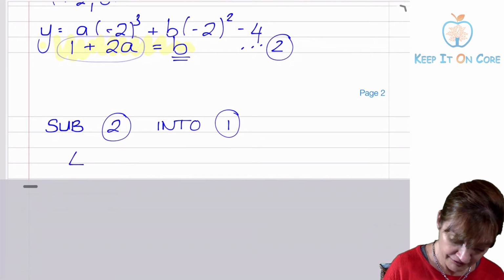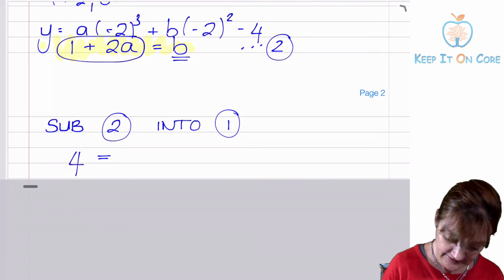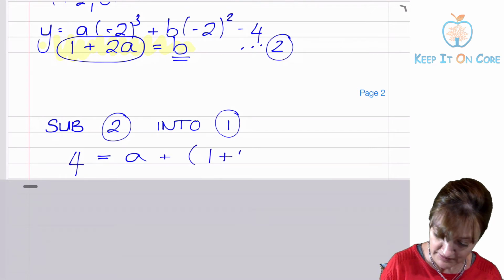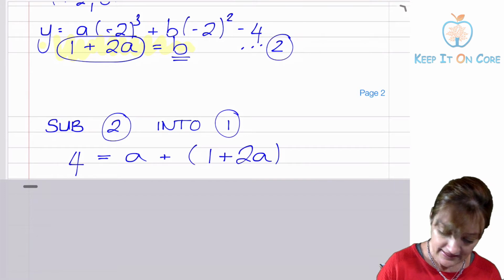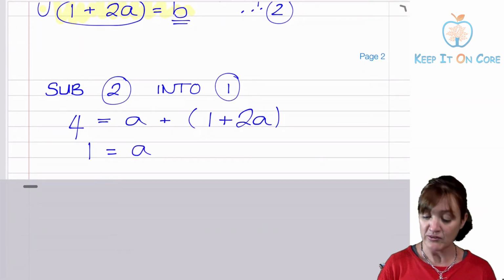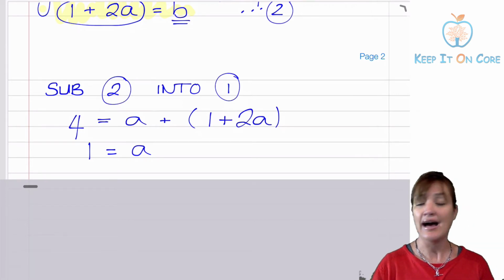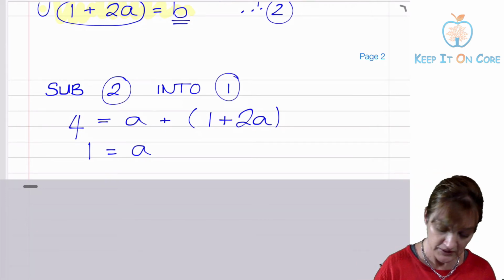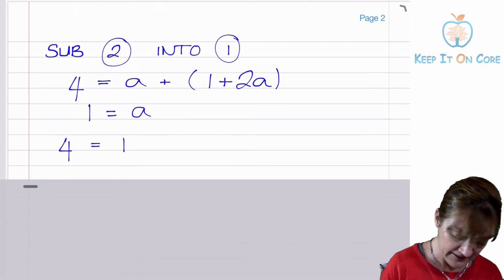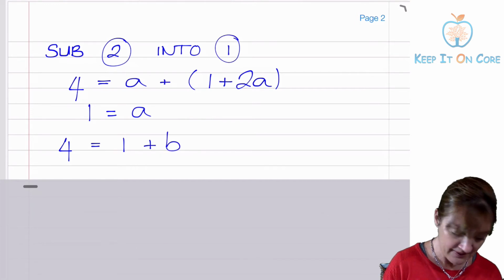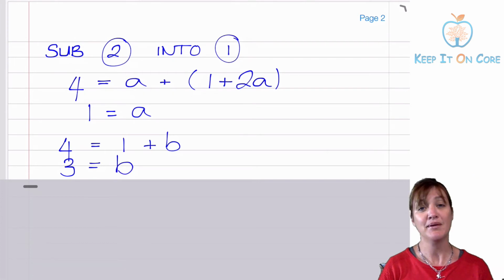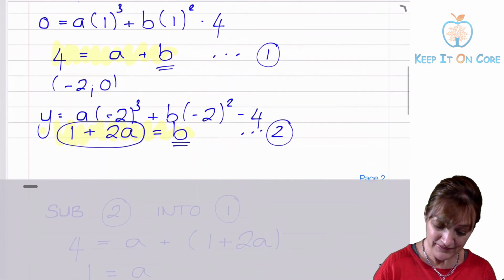So 4 equals a plus, and instead of the b, the 1 plus 2a. That works out as 1 as my value for a. Once we know what a is, we can sub that back into either equation 1 or equation 2. It really doesn't matter. I'm going to sub it back into equation 1. So instead of the a, I'm replacing it with 1, plus b, and that gives me 3 as my value for b.